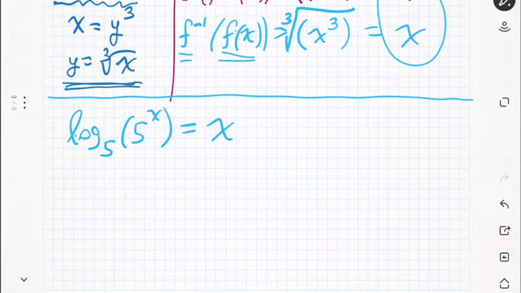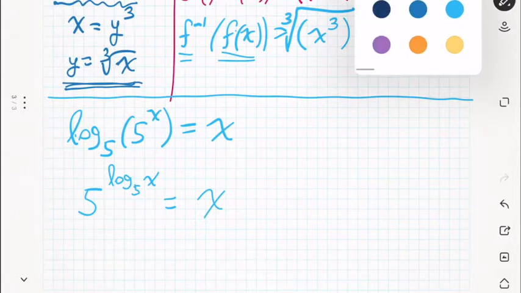So similarly, if you have 5 raised to this weird power log base 5 of x, again, they are inverse functions. And if the original function is log base 5 of x, the other one, 5 to the x, is its inverse, and they go poof, and you're left with x.